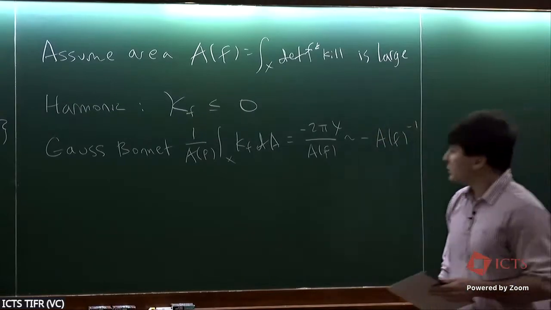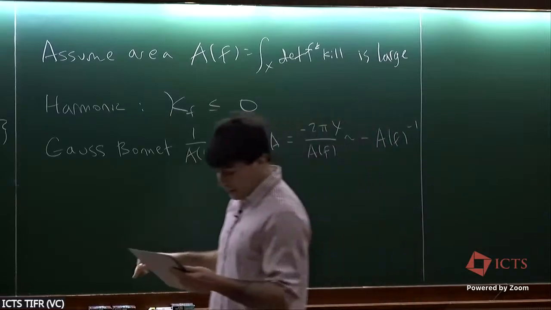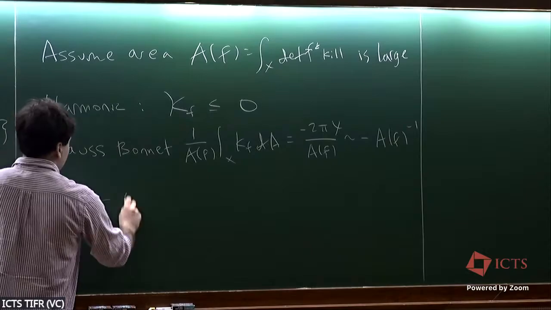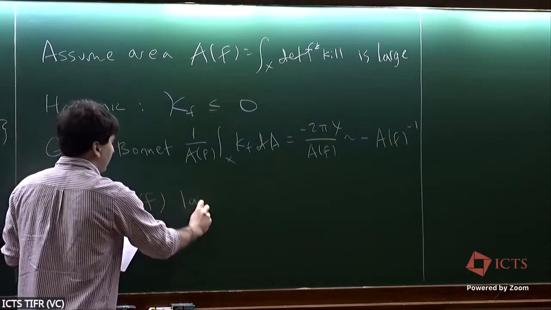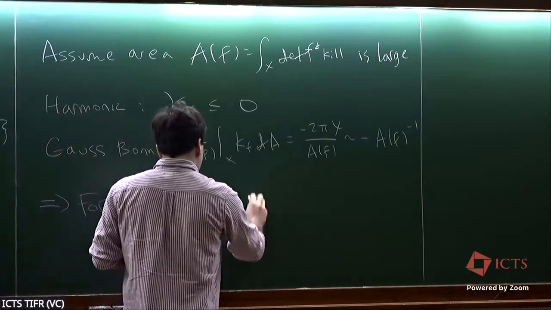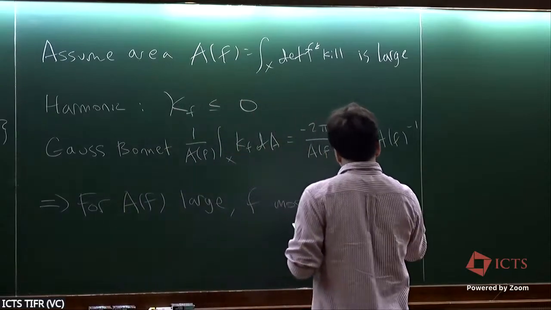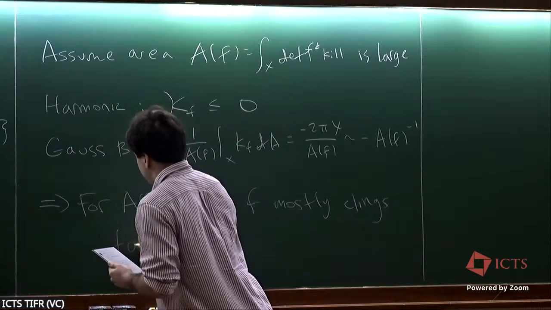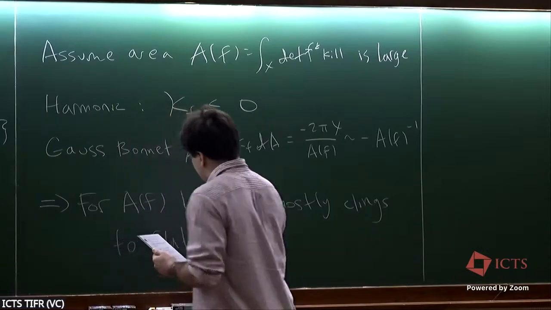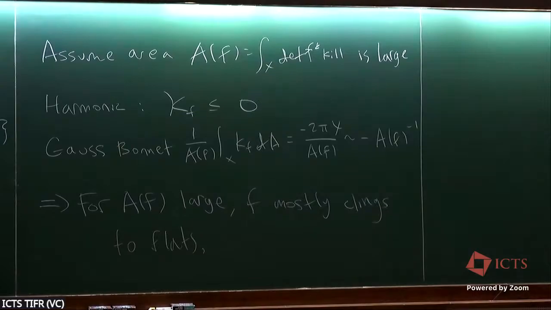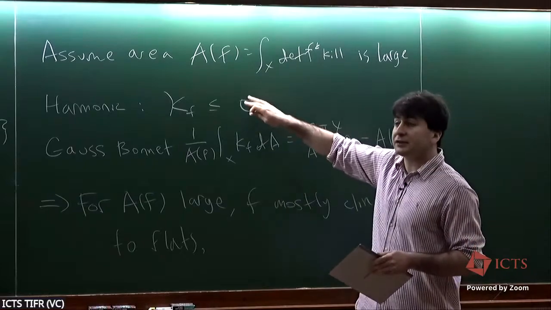Okay, so these sort of innocent facts suggest the following: that for area large, f should mostly cling to the flat subspaces. So to elaborate on this, the curvature has a consistent sign.